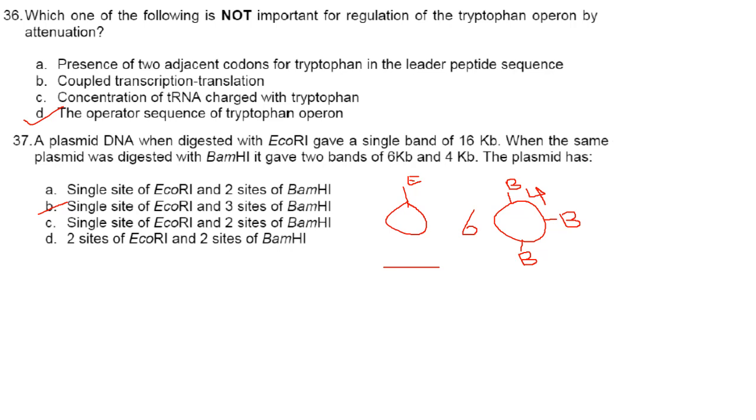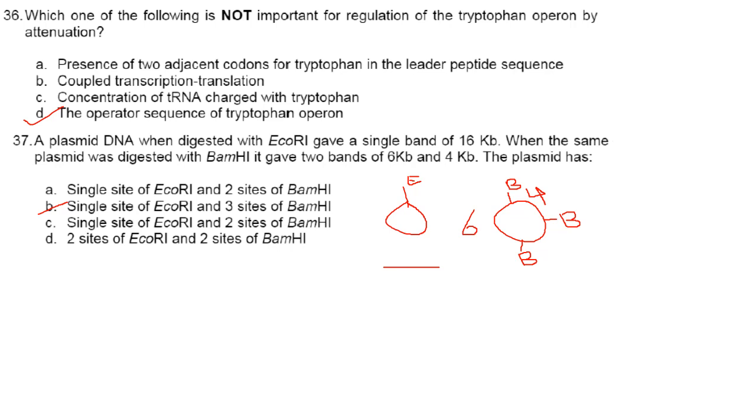Then next one. A plasmid DNA when digested with EcoR1 gave a single band of 16 kb. When the same plasmid was digested with BamH1, it gave two bands of 6 kb and 4 kb. The plasmid has. So this is your plasmid. When you digest with EcoR1, it has only a single restriction site.